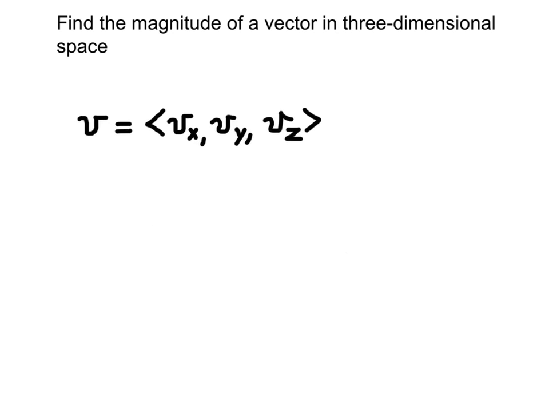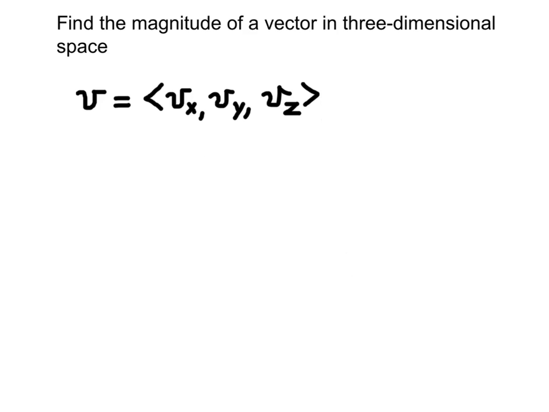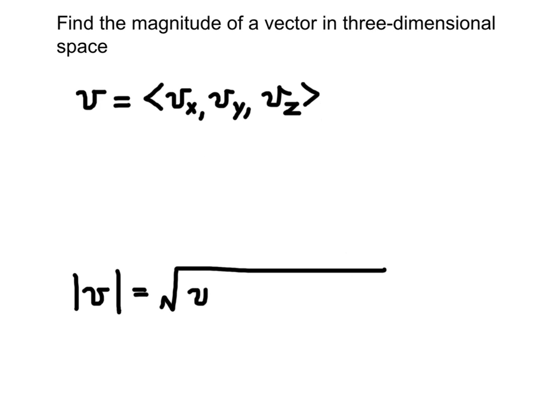Let's move that up. So to find the magnitude of vector v in 3-dimensional space, we're going to take the square root of the sum of the squares of the individual components. So we'll have our x component squared plus our y component squared plus our z component squared.